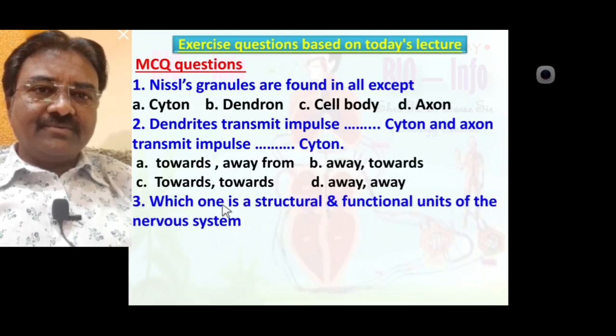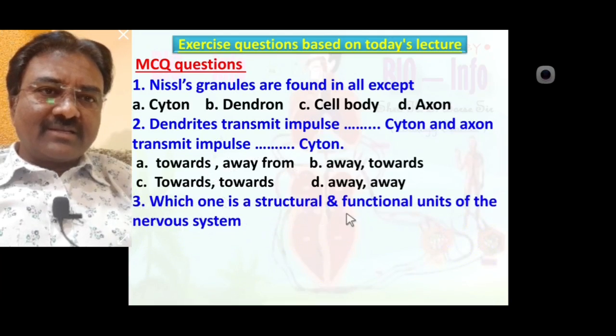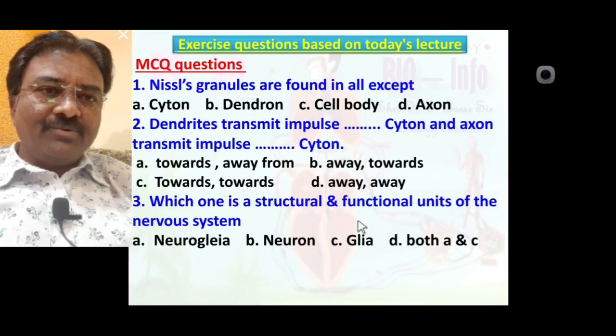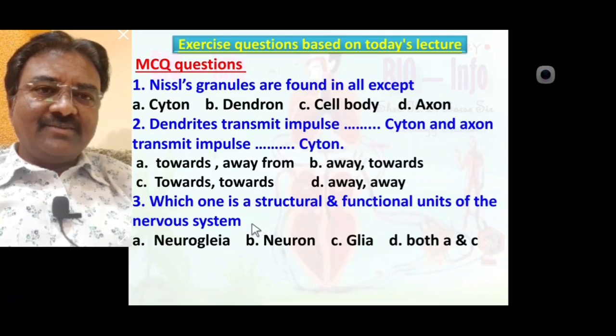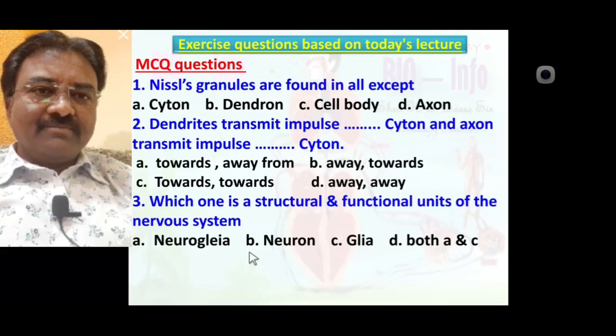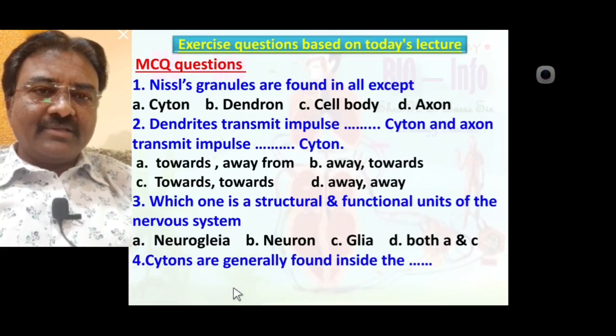Third MCQ. Which one is the structural and functional unit of the nervous system? Neuroglia, neuron, glia, both A and C. Yes, the correct answer is neurons are the structural and functional unit of the nervous system, means B, neurons is the correct option. Number 4.